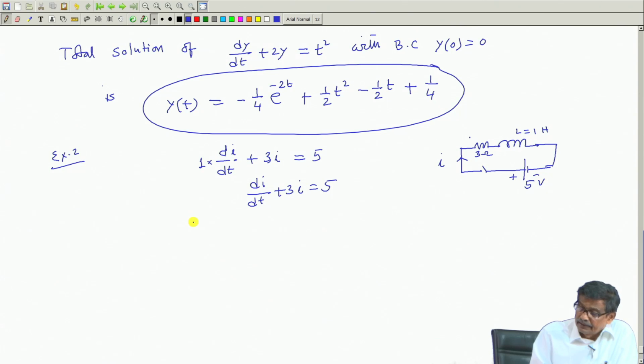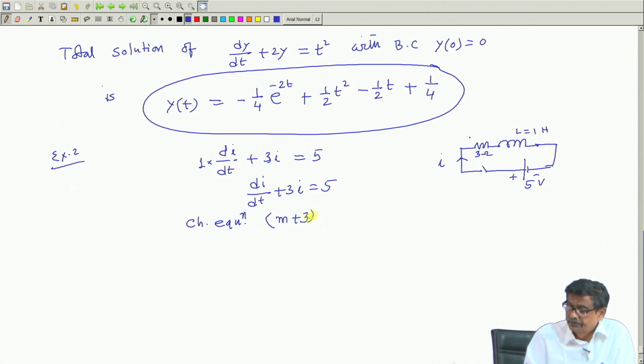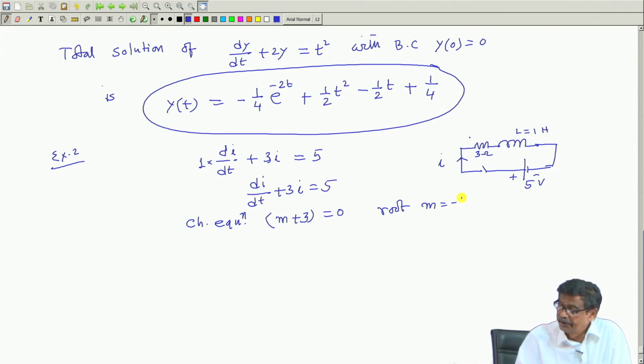First thing is the characteristic equation. m plus 3 is equal to 0, the characteristic root is m equal to minus 3. This is your forcing function.